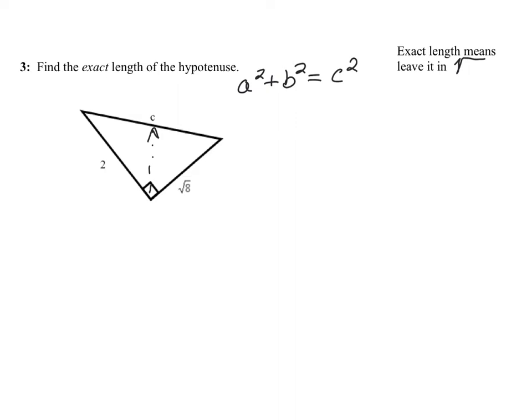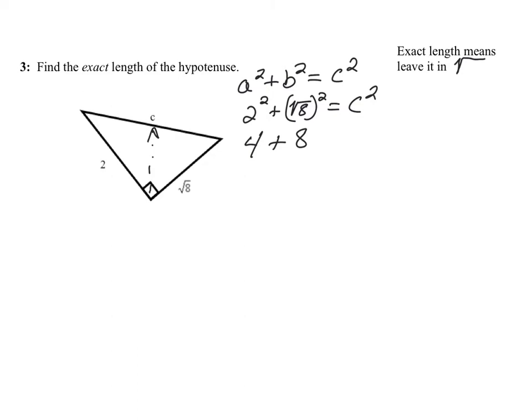And so I put in, again, doesn't make a difference, but I'm going to do 2 squared plus the square root of 8, and that whole thing is being squared, equals c squared. 2 squared is 2 times 2, which is 4, and when I take the square root of 8 and I multiply it by itself, I get 8.